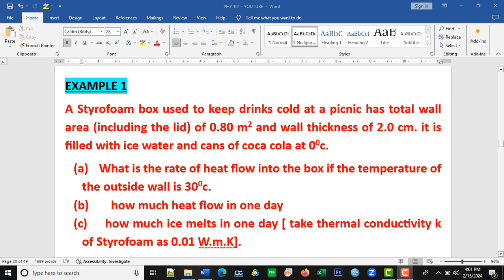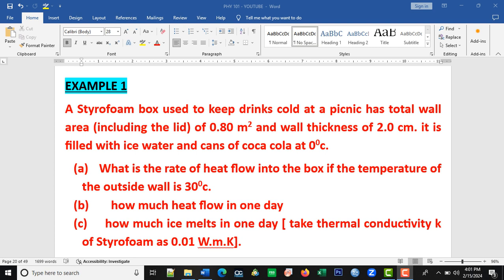Okay, let's look at the first example here. It says that a styrofoam box used to keep drinks cold at a picnic has total wall area of 0.8 meters square and wall thickness of 2 centimeters. It is filled with ice water and cans of Coca-Cola at 0 degrees Celsius.